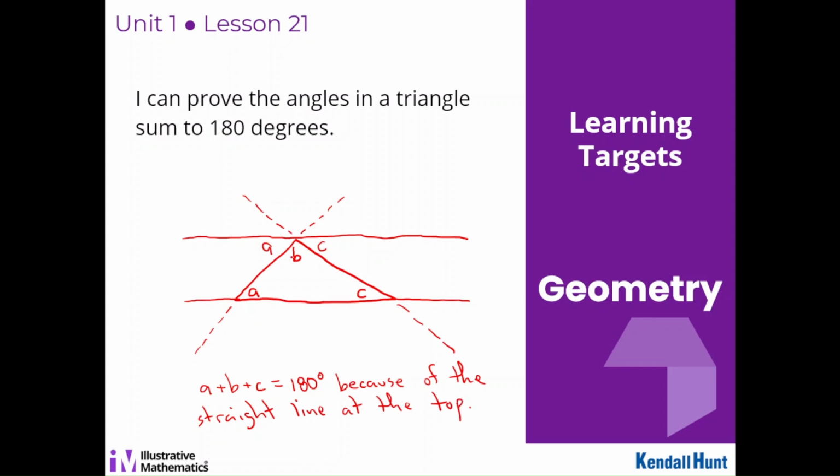And because A, B, and C added together equals 180 degrees for this line at the top, then that means when I add A, B, and C inside the triangle, it also has to be 180 degrees.